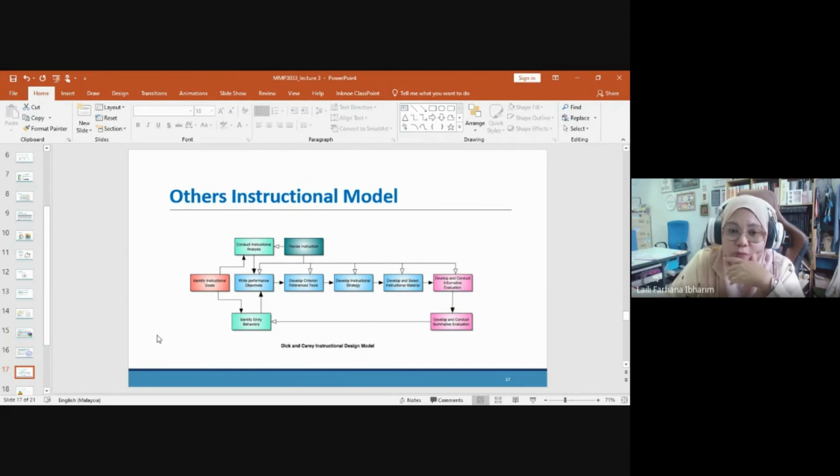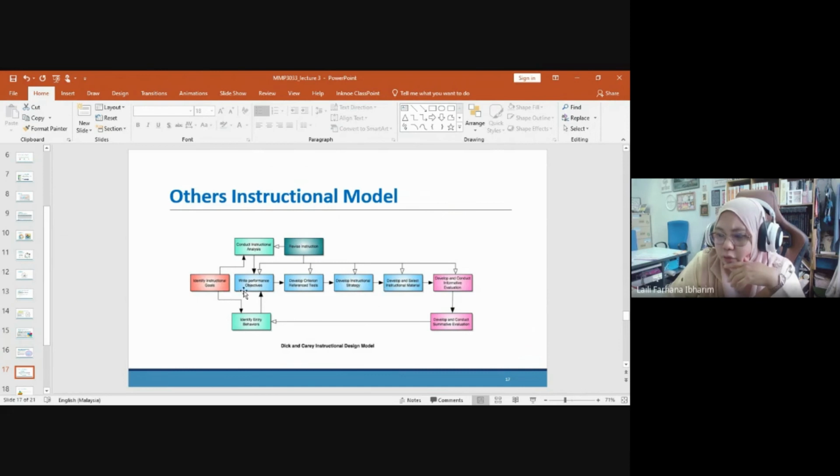And then, as I said before, there are a lot of models, for example, this Dick and Carey instructional design model. So you can see here, it starts from identifying the instructional goal, and then they have two ways: conduct instructional analysis, or identify entry behavior. If you choose to conduct instructional analysis, you have to write the performance objectives, and then you go to develop criterion tests and develop instructional strategies.